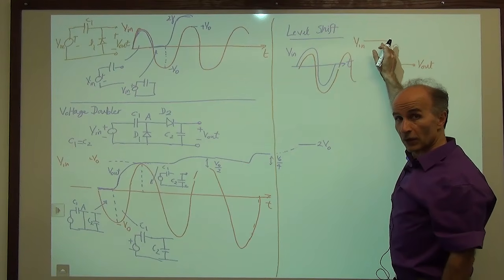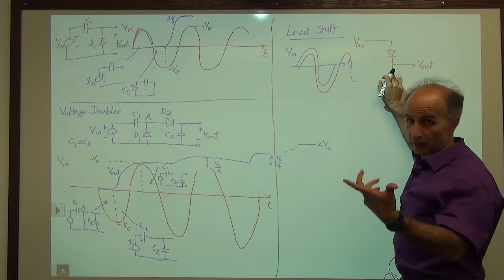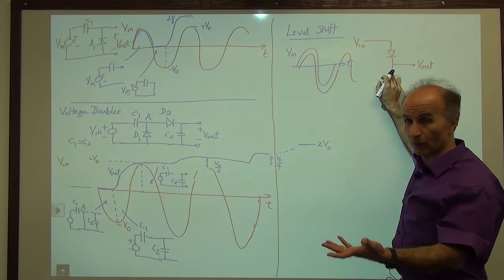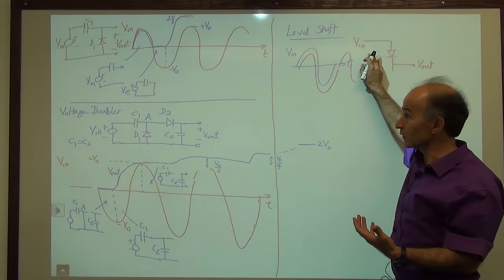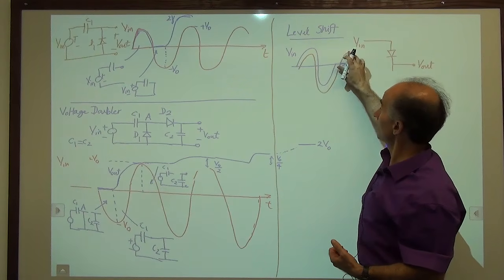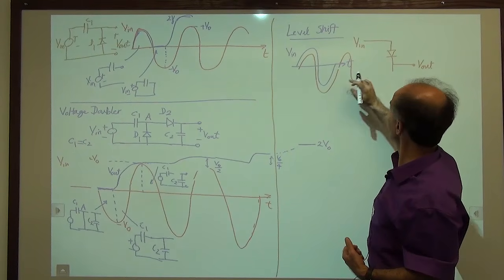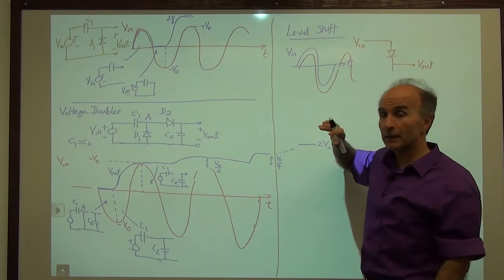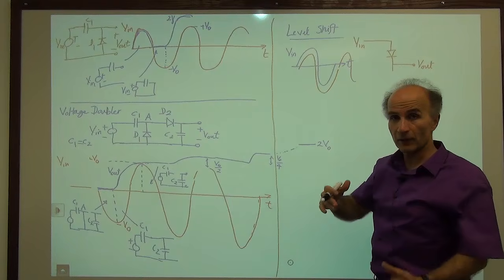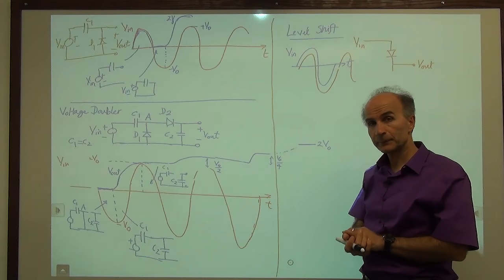So the input voltage is always higher than the output voltage by 700, 800 millivolts. Or the output voltage is less than the input voltage. So as the input voltage goes up and down, the output voltage has to go up and down because they're connected by a battery. But there's a level shift of 1 diode drop.